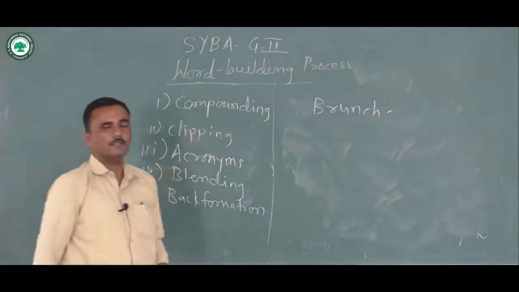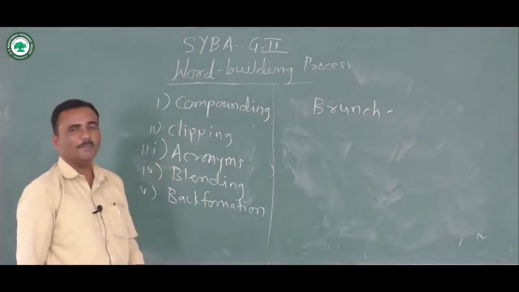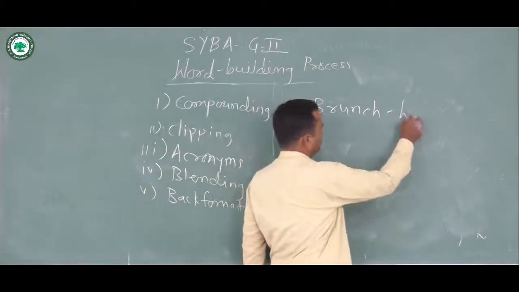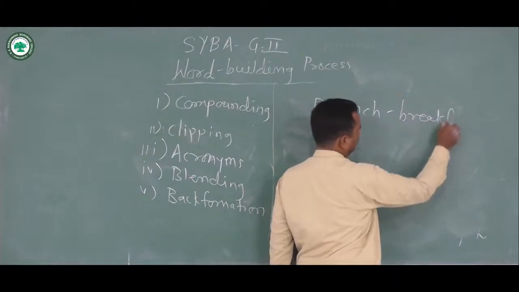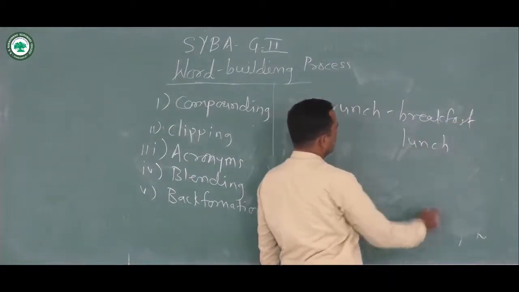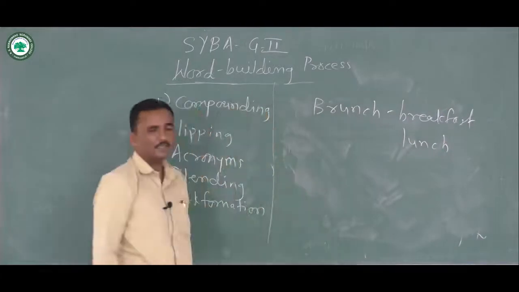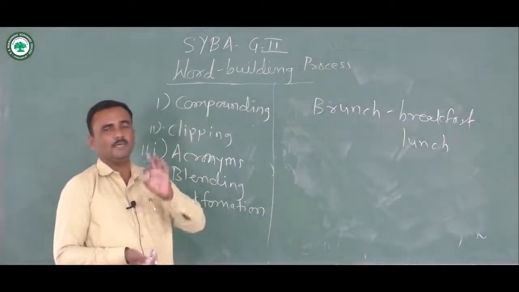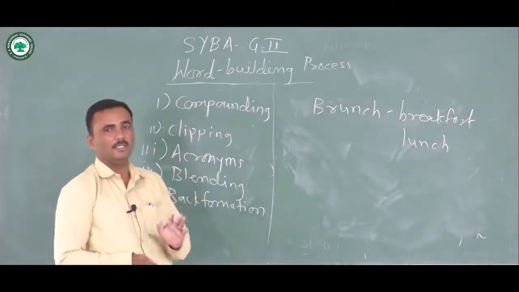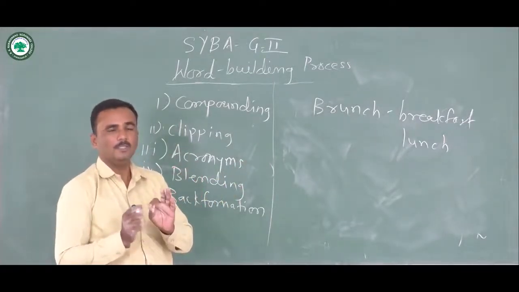So this brunch has been formed by bringing together two words, that is breakfast and lunch. So you can see here, as I told earlier, usually the first part of the first word and the second part of the second word are brought together to form a new word.